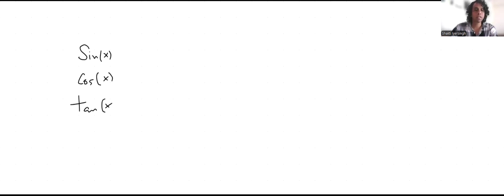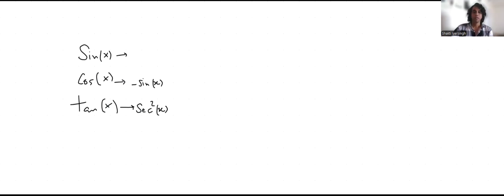So we know the derivative of sine x is cosine x. That's right. The derivative of cosine x happens to be minus sine x. And the derivative of tan x is secant squared x. Right? So let's see how to get these results.